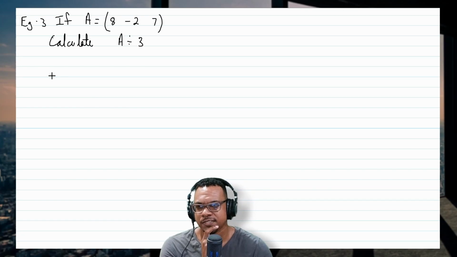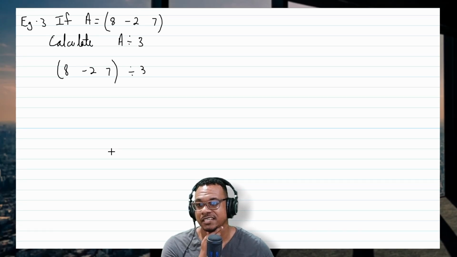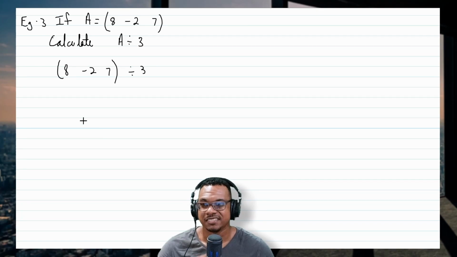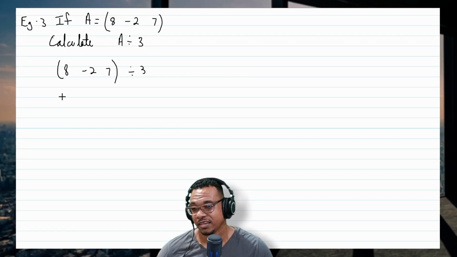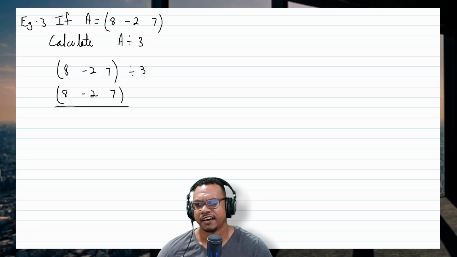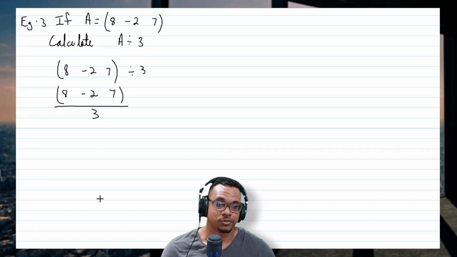We could do it straightforward with the divide sign, and say the solution is 8, -2, 7 divided by 3, which means to divide everything by 3.